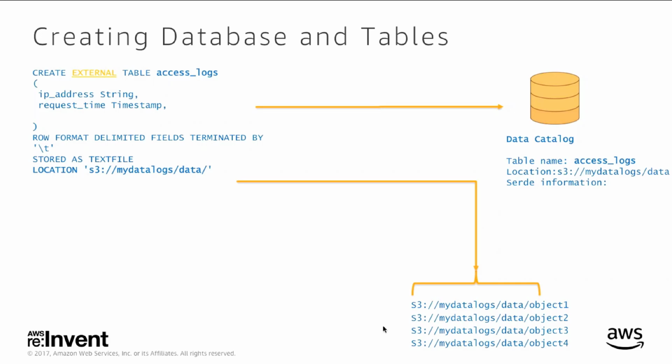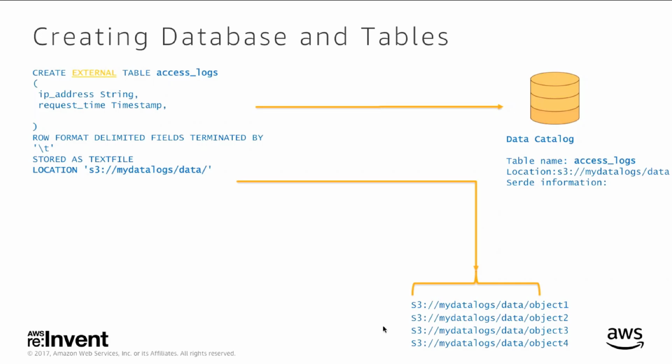We're defining the table name, the columns, the type of data, and where the data is going to reside, but we're not necessarily touching the physical data. For example, if I were to delete this table, the metadata will go away, but the physical data will remain. That allows us to create a number of different table permutations on top of the same data without affecting the actual data.